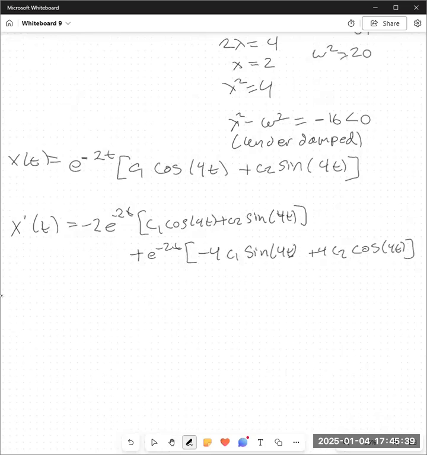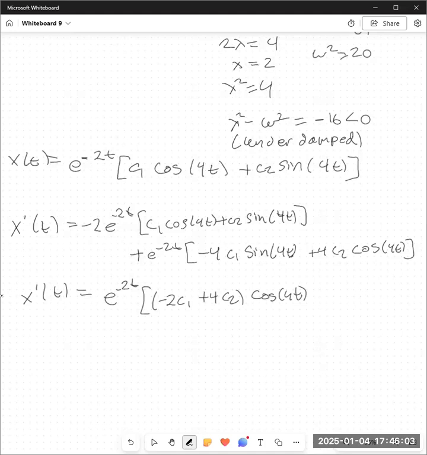And let's combine all that. So x prime of t is equal to e to the negative 2t times a negative 2c1 cosine of 4t plus a 4c2 cosine of 4t. And then this is going to be plus a negative 4c1 minus 2c2 sine of 4t.